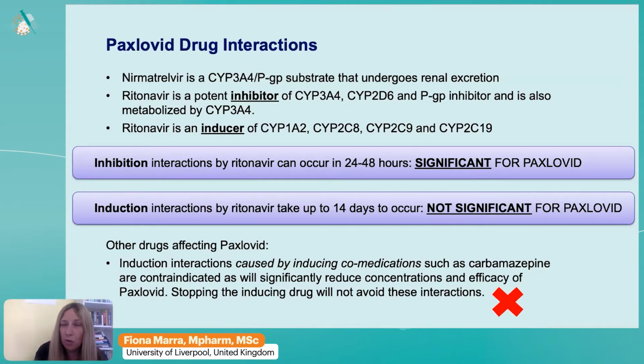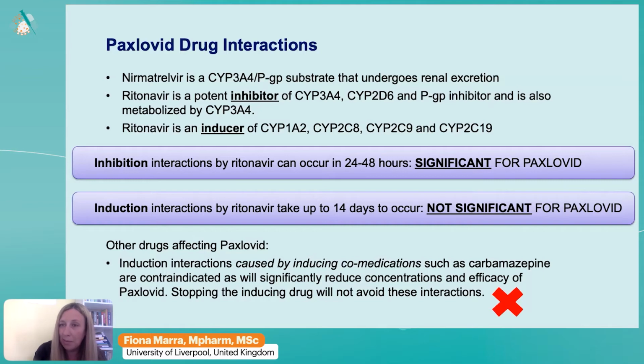However, ritonavir is also an inducer. It induces 1A2, 2C8, 2C9 and 2C19. However, induction interactions can take up to 14 days. So a big difference here with regards to HIV and hepatitis C use of ritonavir is that in Paxlovid for 5 days, the induction effect of ritonavir is not significant.